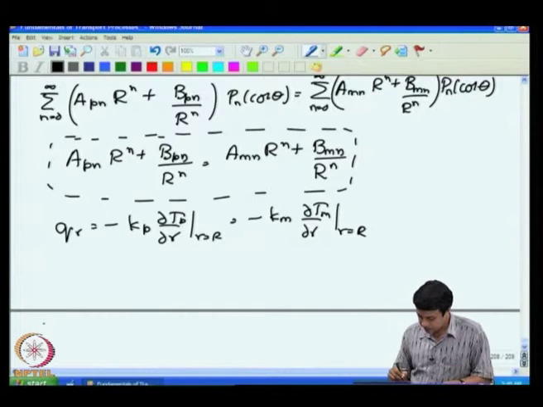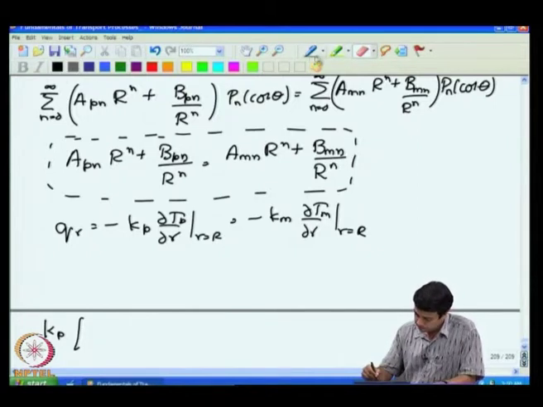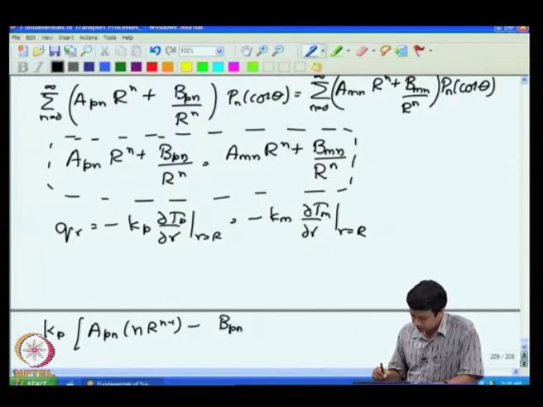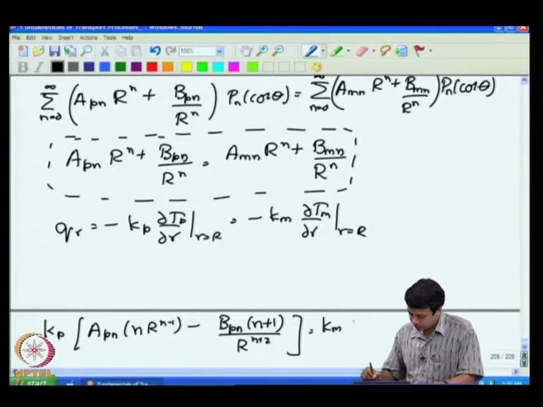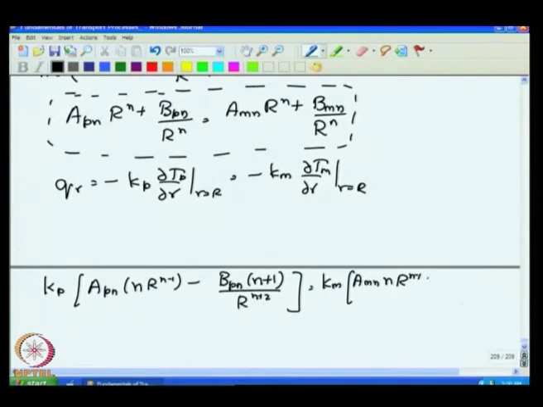Therefore, the equality of the flux requires that Kp into Apn n r^(n-1) minus Bpn into (n+1) by r^(n+2) is equal to Km into Amn n r^(n-1) minus Bmn into (n+1) by r^(n+2).